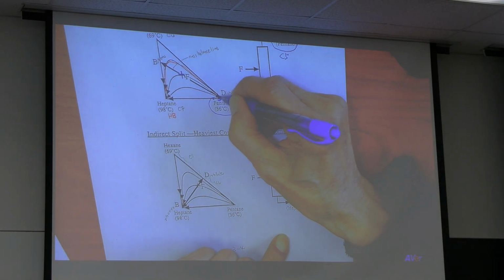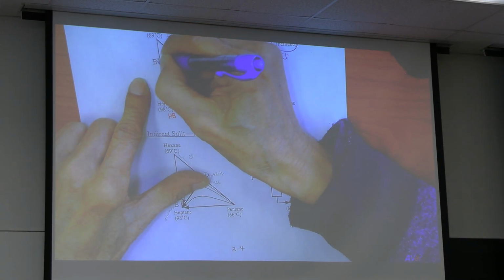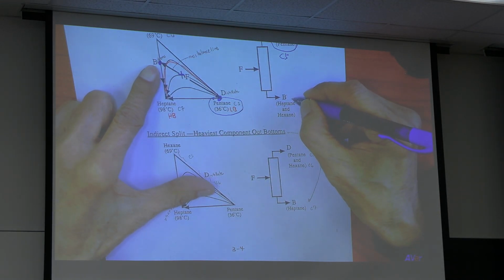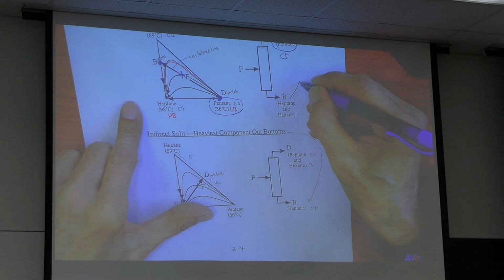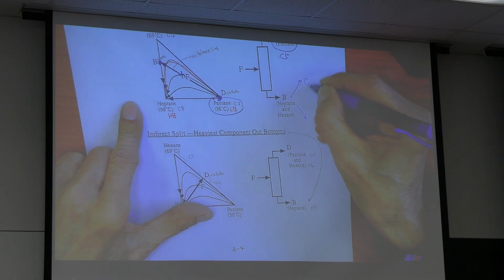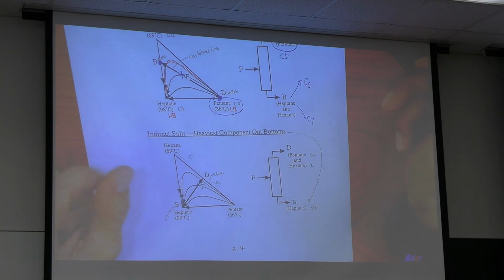So this is your distillate D. Meeting the boundary B. There's no azeotrope, so you get another column, carbon 6, carbon 7. That's how you separate it. Direct split.